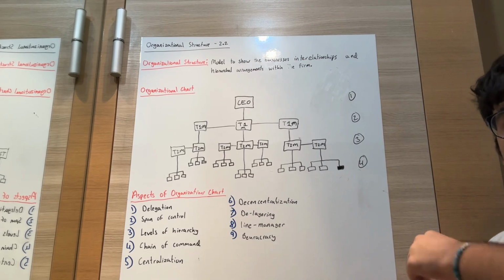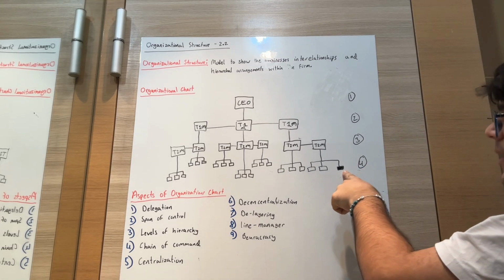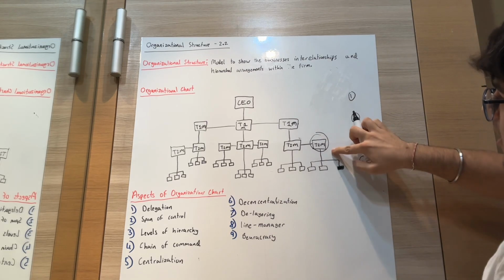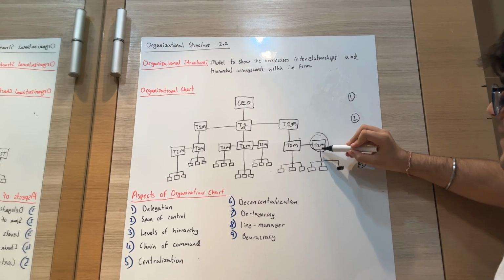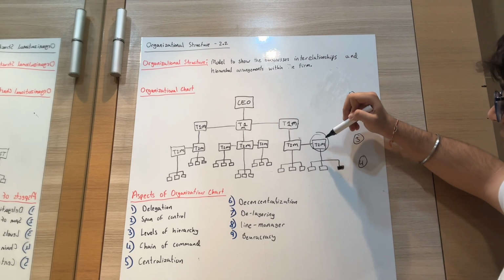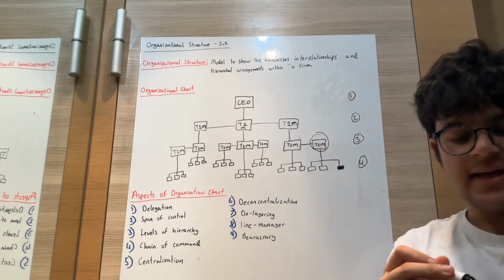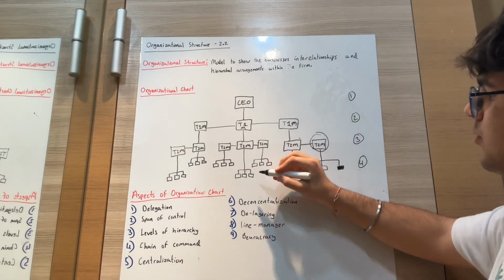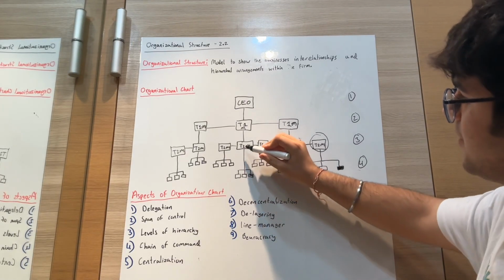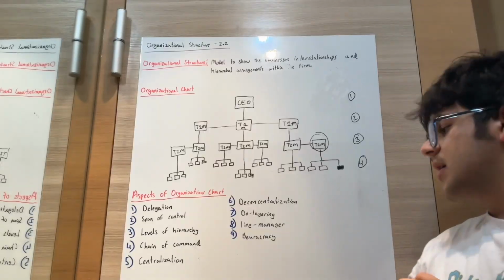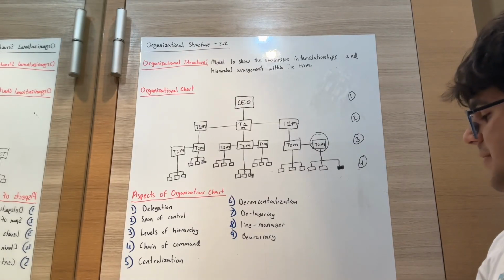So if we go back to our previous example of this employee here, his line manager would be this tier 2 manager, because this tier 2 manager is directly above in his chain of command to delegate tasks, and basically is his manager. So if we go to another example here, then it would be tier 2. If we go tier 1 manager right here, it will be the CEO. That is what a line manager is.